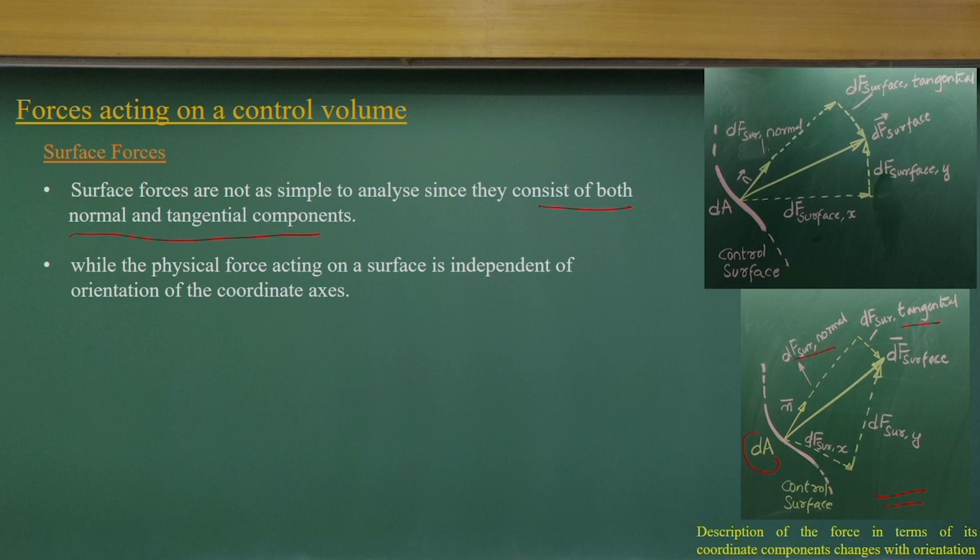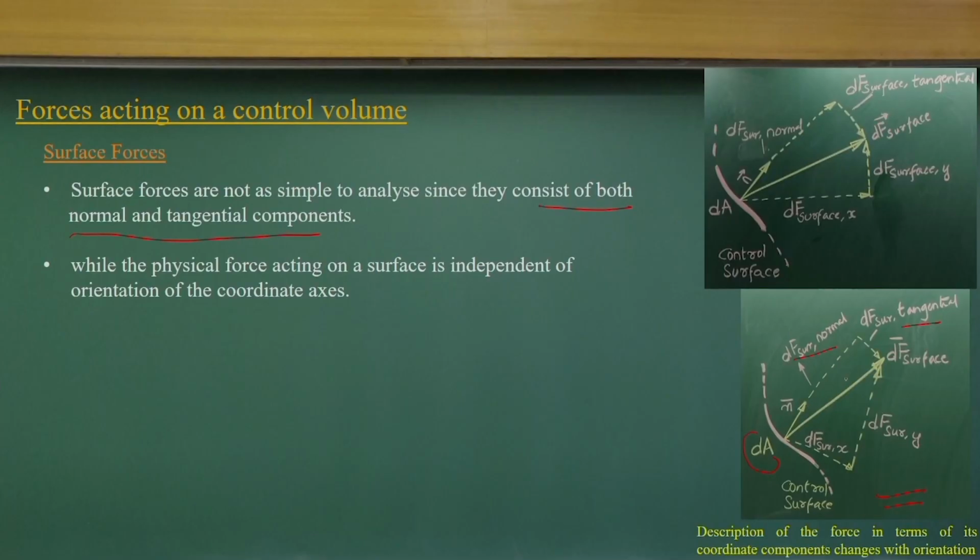The control surface can have any orientation, and over it you have a normal vector which is normal to the control surface. If the force is acting at a different angle, you will have a normal component and also a tangential component.